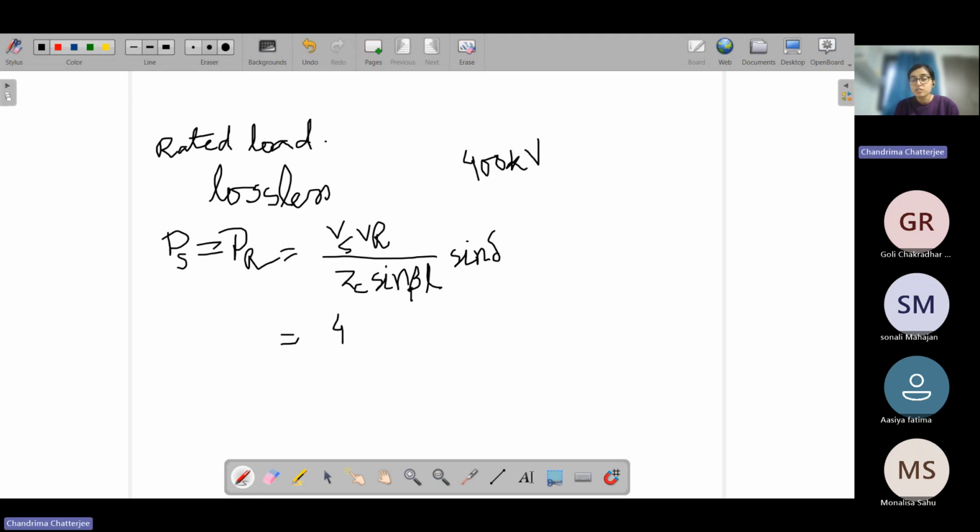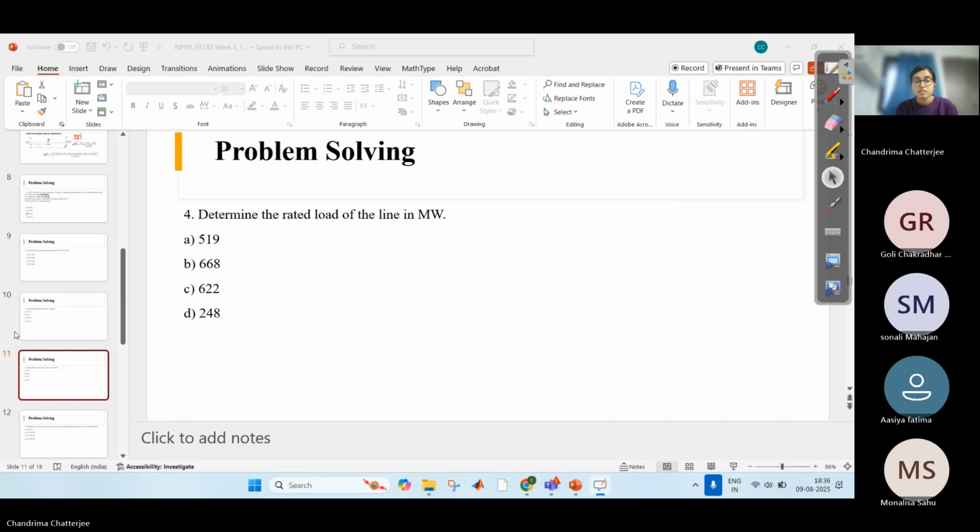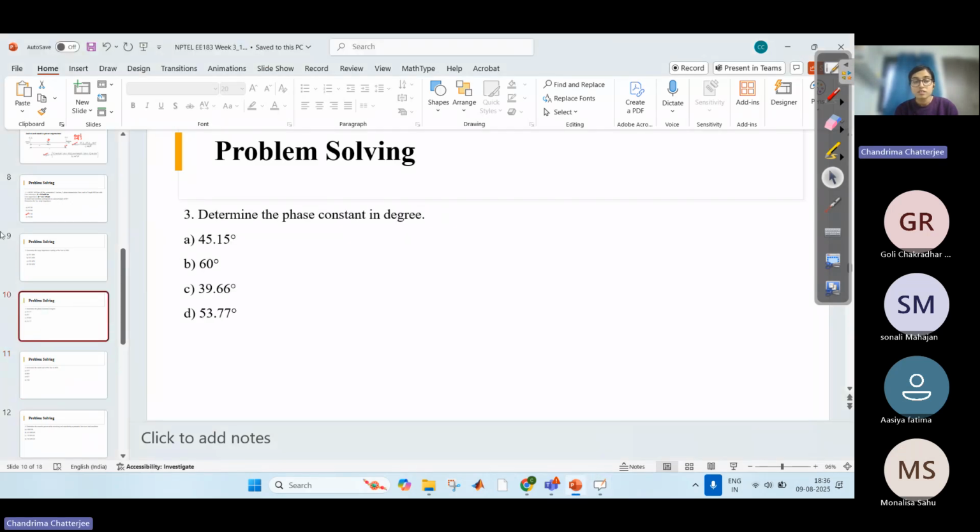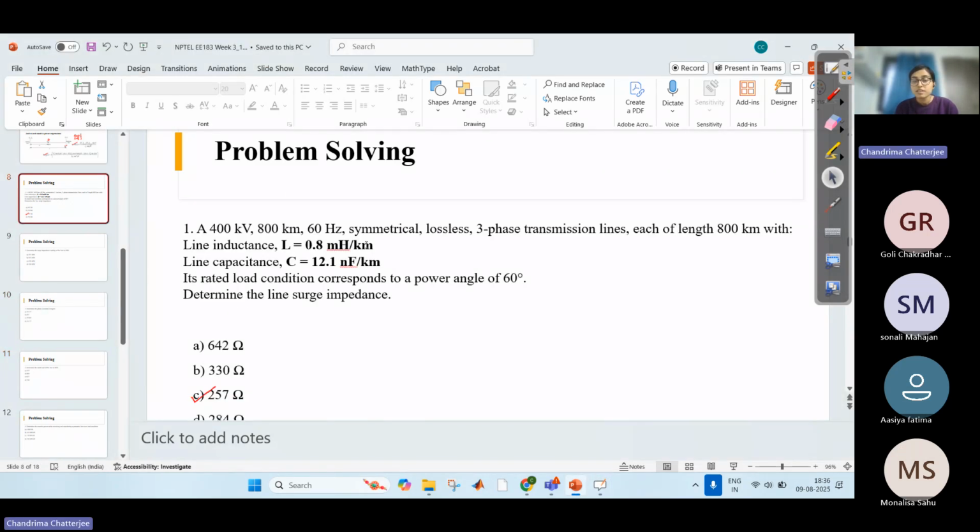So in the numerator, we have 400 square. And another thing is, I have taken VS equal to VR. Why? Because they have also mentioned another thing, symmetrical. What is a symmetrical line?